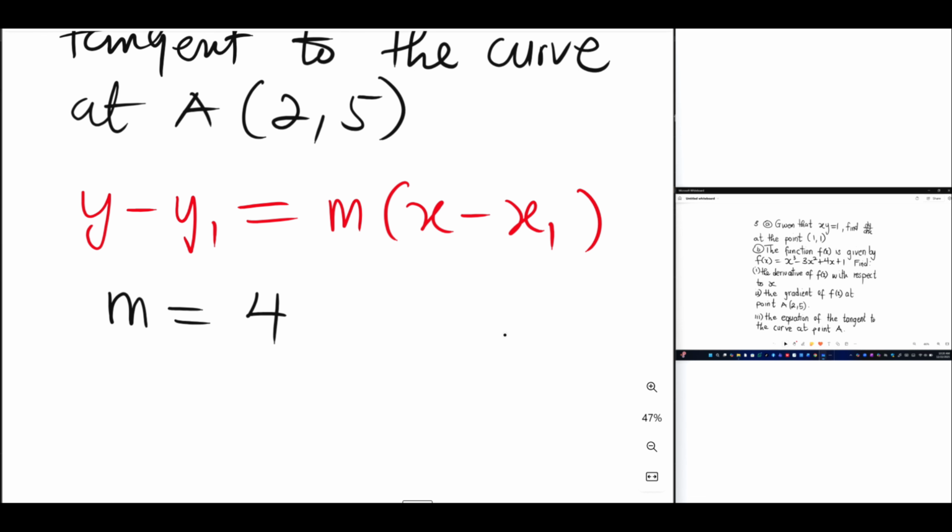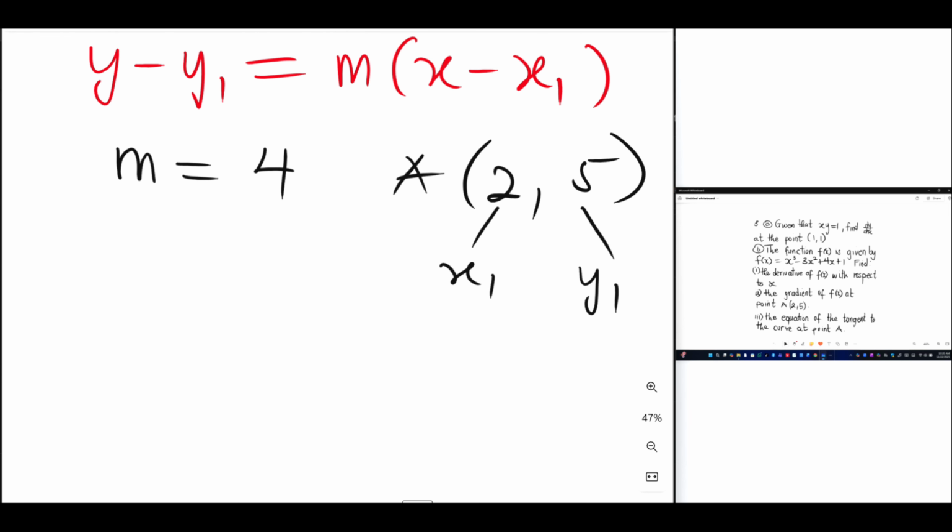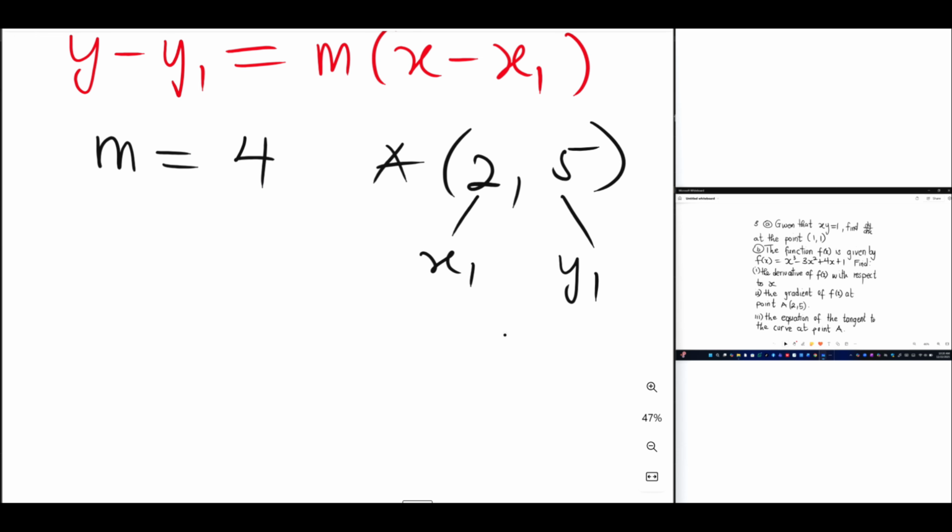Then let us get our A. So our A is also here. We are going to use the same point. So this is our x1 and this is our y1. All right. So our equation will be y minus y1, which is y minus 5, equal to the gradient of the curve, which is the same as the gradient of the tangent, because they meet at A. And that's where the gradient of the curve is 4.